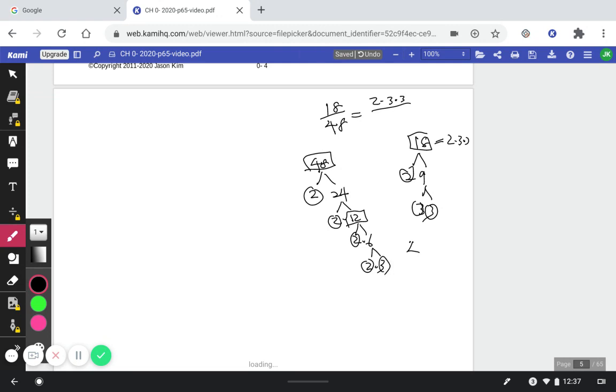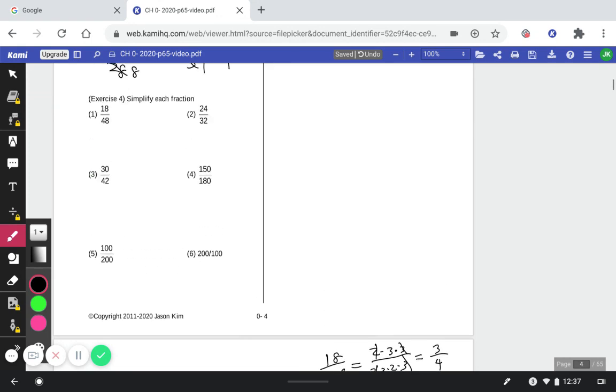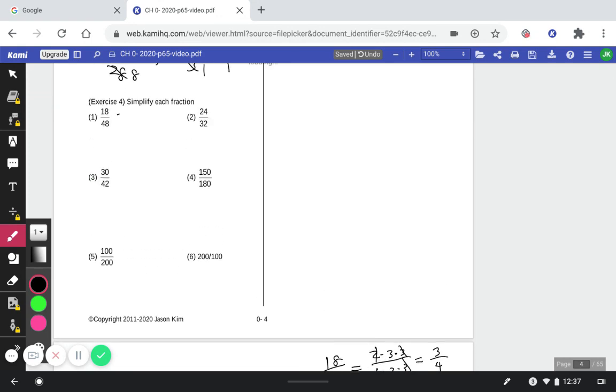So that's it. You end up with 2 times 2 times 2 times 2 times 3. So 3 and 3 cancel out, 2 and 2 cancel out. You end up with a 3 on the top and 4 on the bottom. So you have 3/4.